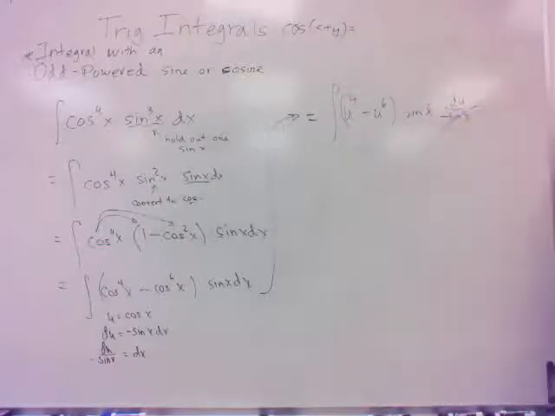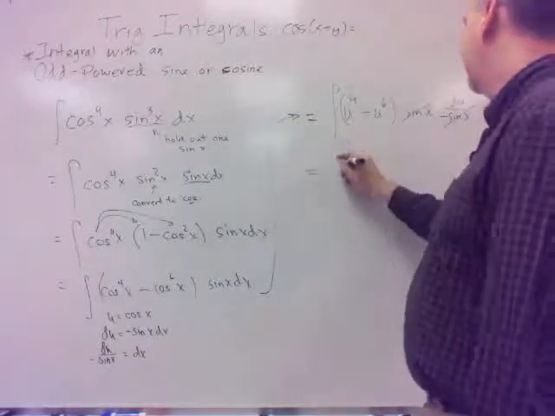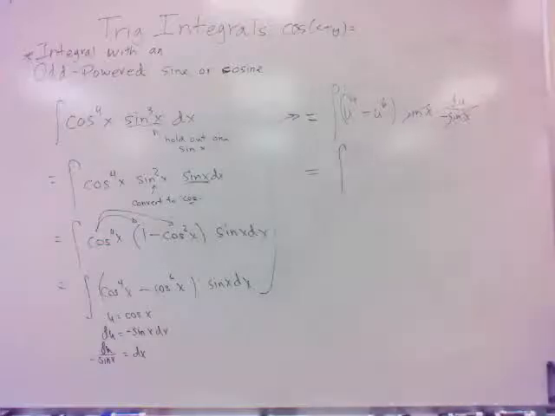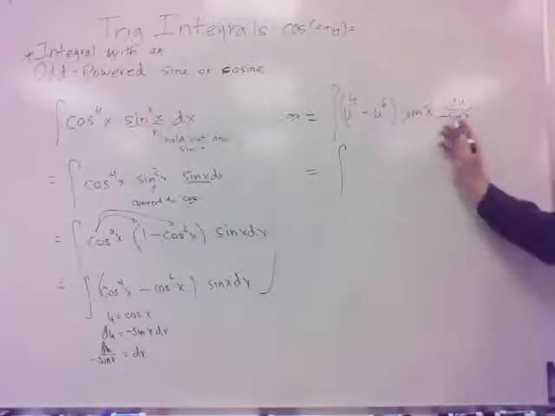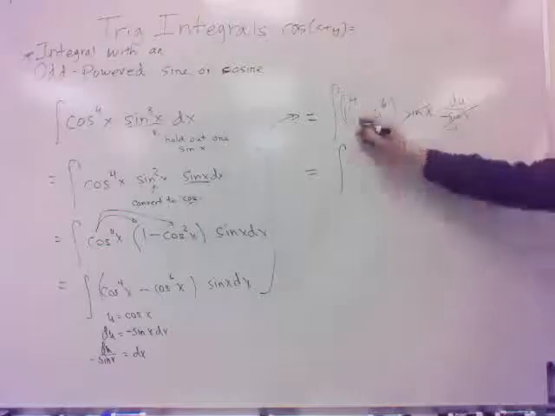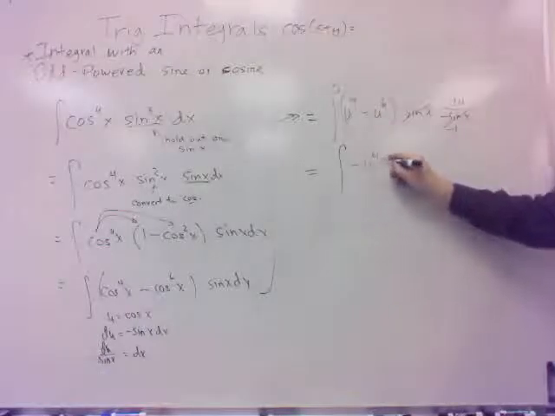That's why we held the sine of x back, because they're going to cancel. Now, I do have a minus 1 here, so I'm going to say that's minus u to the fourth plus u to the sixth, du.